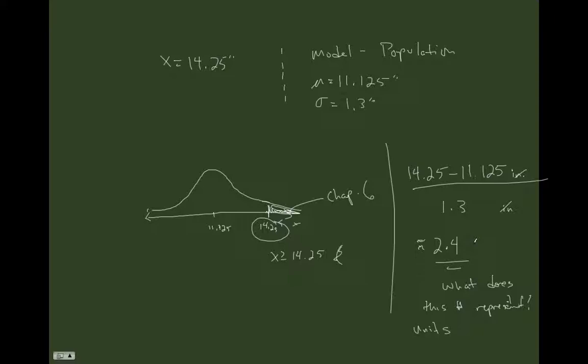There are a couple of different ways to look at it. Since inches cancel, we might say that quantity doesn't have units. But the way I like to think about this number is that the units are SDs. And what does SD stand for? Standard deviations.